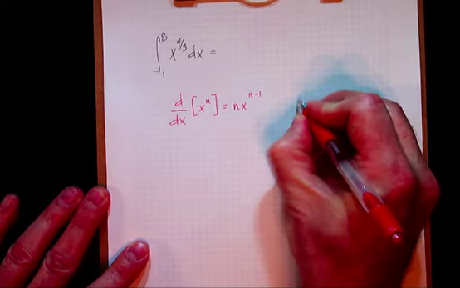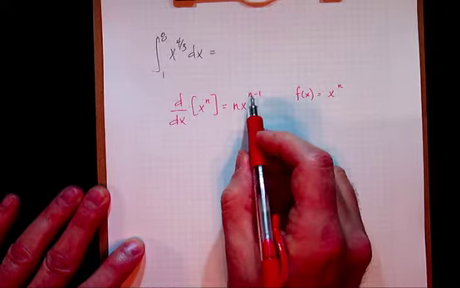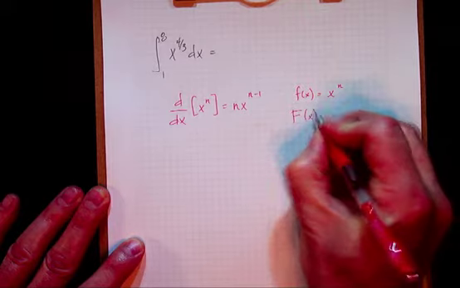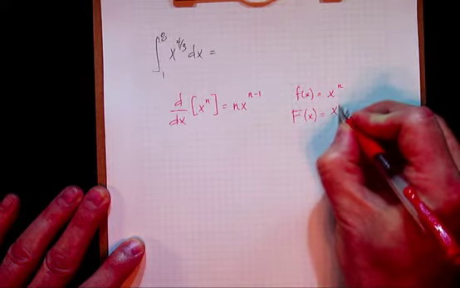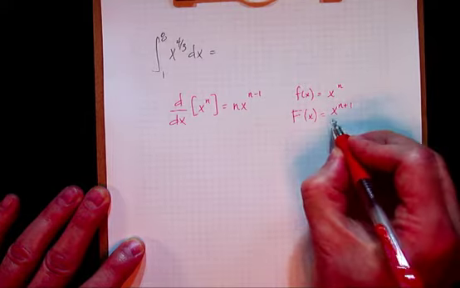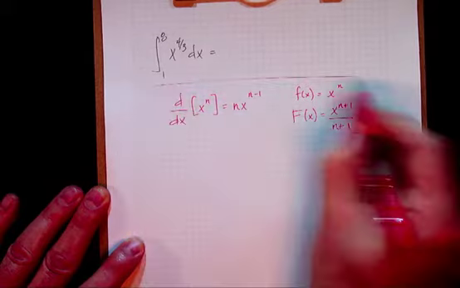Well, when I'm dealing with antiderivatives, and if I'm given x to the n, I don't need to subtract 1 from it, I need to add 1, okay? And I don't need to multiply by the old, I need to divide by the new. Okay, so keep that in mind.